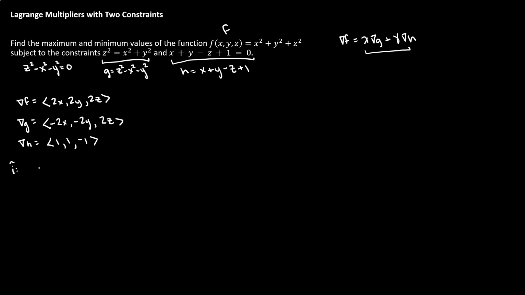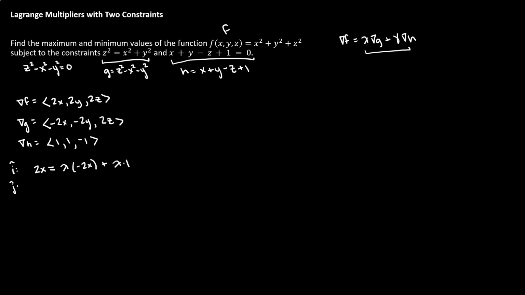The i hat component from f is 2x. That will be equal to lambda times the x component of gradient g, so lambda times negative 2x, plus gamma times the x component from gradient h, so gamma times 1.